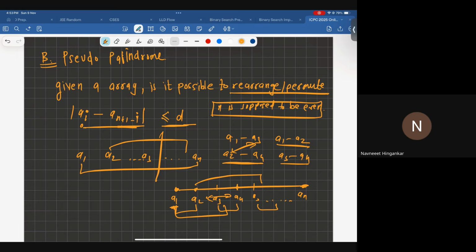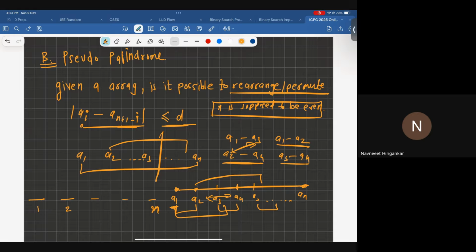So when n is even, you can pair those adjacent numbers. How could you do that? Just sort the numbers, and the placement is something like this. Let's say these are the indexes 1, 2, up to n, but here they don't need the actual placement. I will also show you how the actual placement can be.